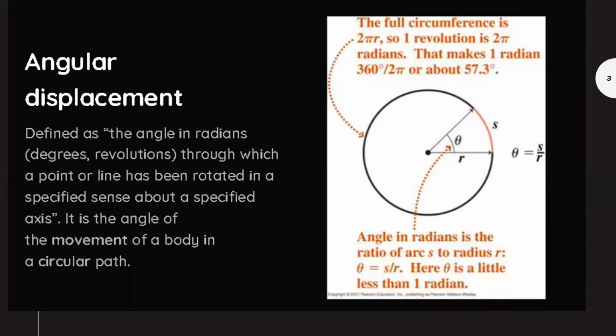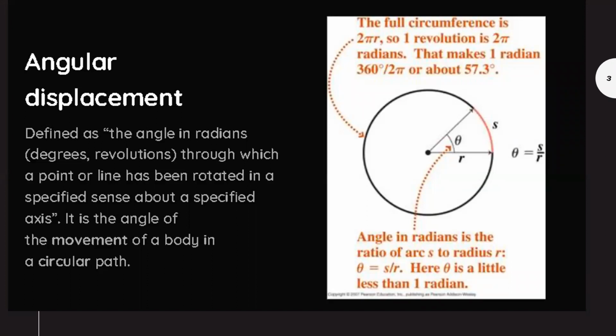Just as we have linear, we have the same in the angular and rotational, but we name them with angular, because it's moving on a circular path from angle to angle. So it has an angular displacement, an angular velocity, and an angular acceleration. It has the same things as linear, but with different names.